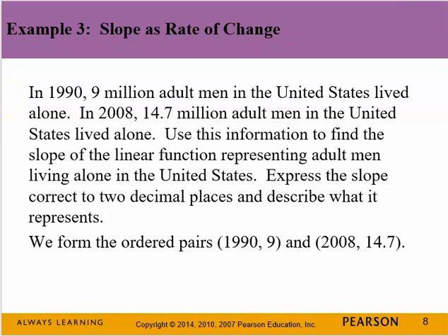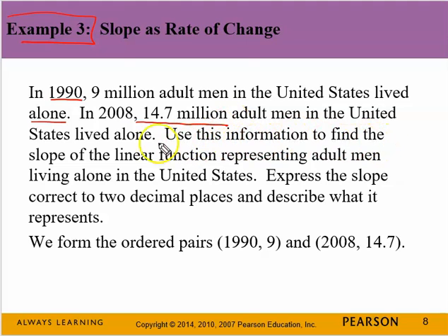So for example 3, we're dealing with slope as a rate of change here. In 1990, 9 million adult men lived alone. In 2008, this many million men lived alone.